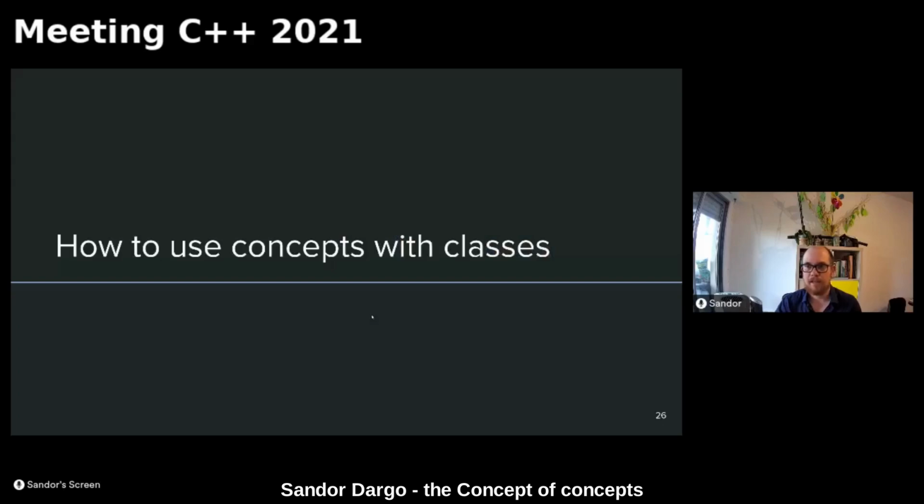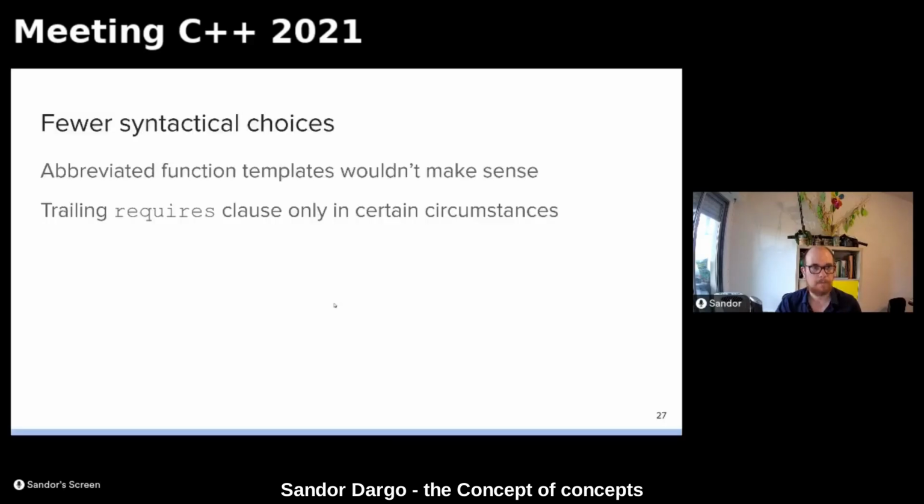Now let's see how to use concepts with classes. So we have a bit fewer syntactical choices because, well, abbreviated function templates are for function templates. They wouldn't really make sense here. And we can use the trailing requires clause only in certain circumstances.